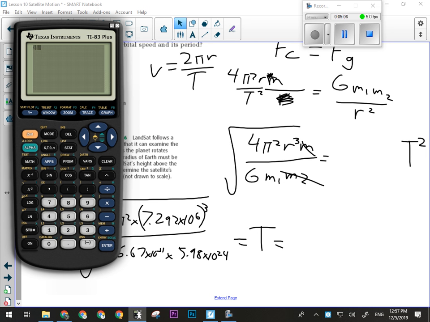So I'm going to have 4 pi squared times 7.292 E6 cubed. Right, then I'm going to divide that by 6.67 E negative 11 times 5.98 E 24.